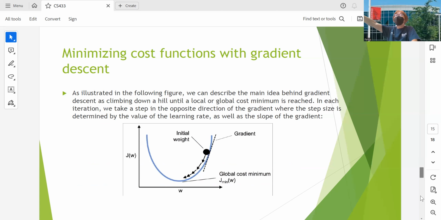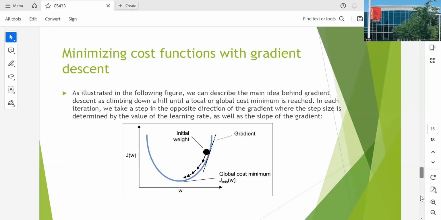Now we come up with this gradient descent concept. Even though you have the derivative, that's not applicable in real-world machine learning. The machine learning approach to the solution is using gradient descent to minimize the cost function.